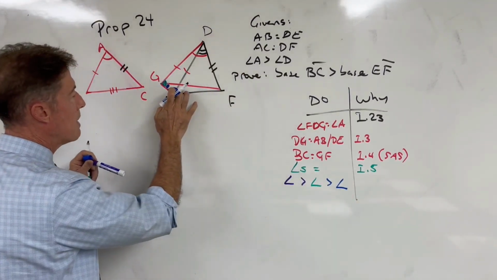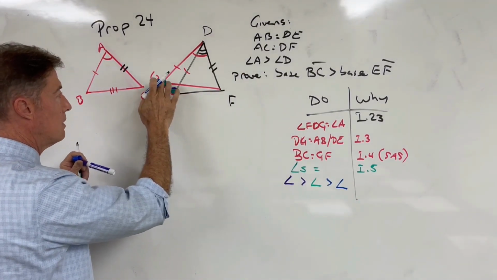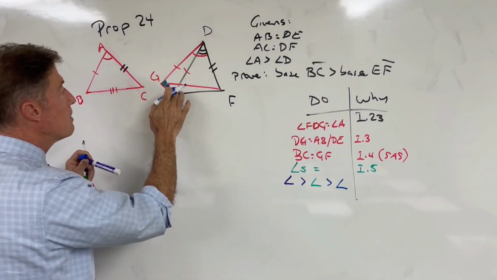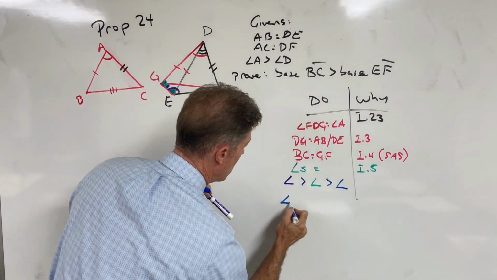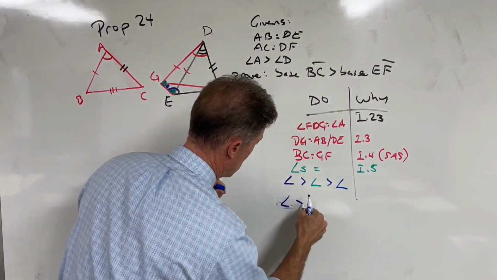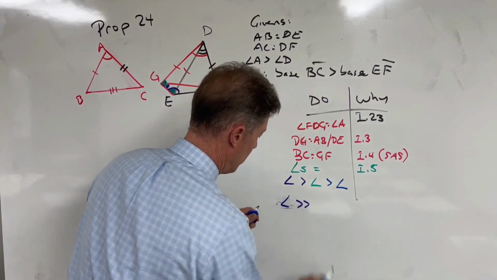So notice what we have. The purple angle is bigger than the green, which is equal to this. So this purple angle is bigger than this green. This green is bigger than this blue. Therefore, the purple angle must be much, much greater than the blue angle.